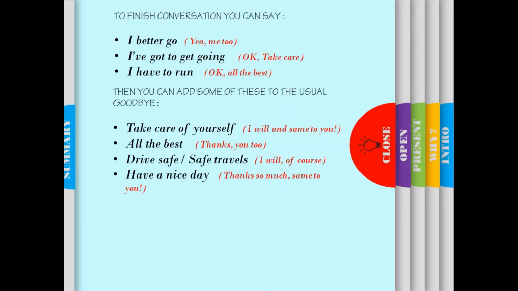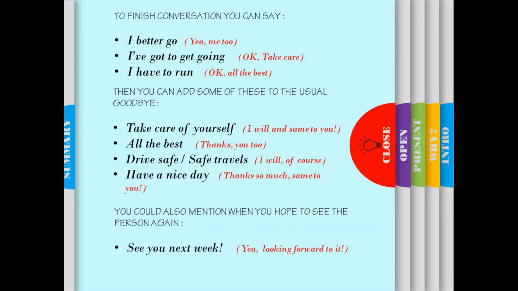Okay? So there was one more tip, tip number 2 to close the conversation like a native speaker, which was to mention when you would like to see the person again. So here's a very straightforward way to do that. See you next week.